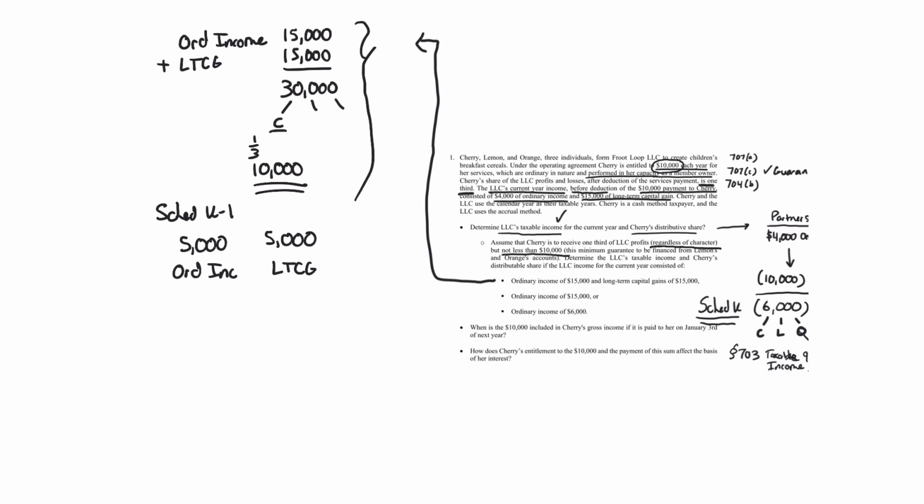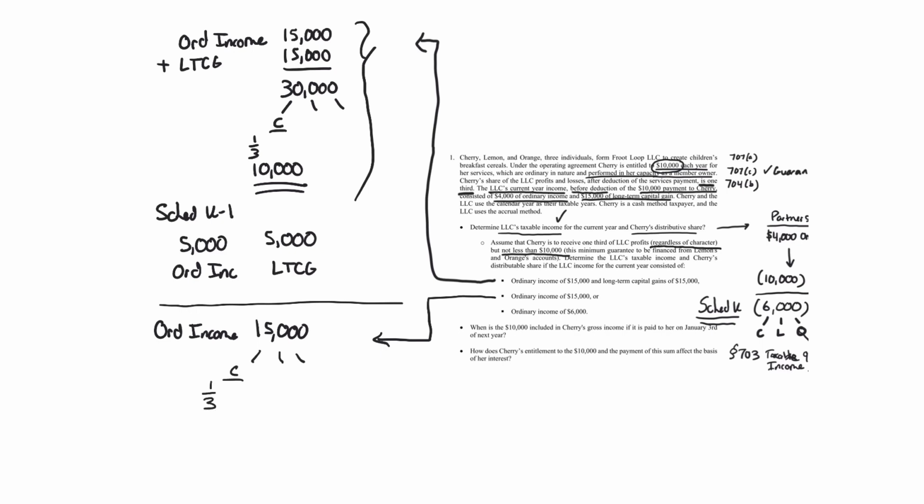Let's now go down and talk about what happens if all the partnership has is ordinary income of $15,000. So if we just take the ordinary income of $15,000 and break that up, remember, Cherry is to get 1/3.